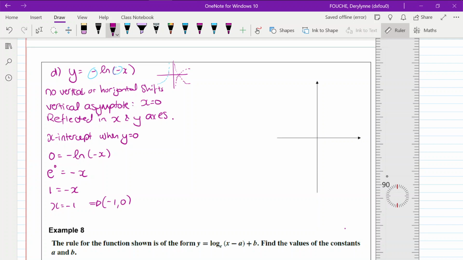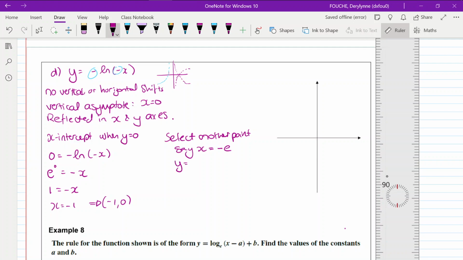Now if I have a look at this, I know I can't find the log of a negative number. So I'm going to be selecting another point where x is a negative number, so that I get negative times negative and I get a positive. So select another point, say at x equals, now if I select that carefully, negative e, say, I'm going to get ln e, and of course that makes life nice and easy.